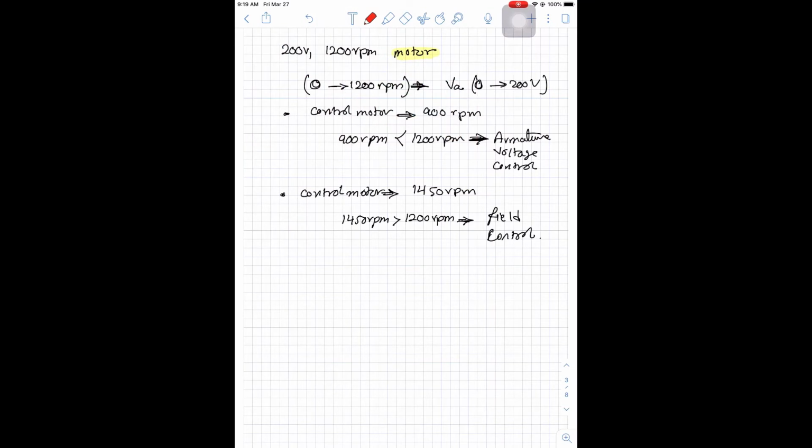When we do armature control, I F is constant and equal to rated field current. And when we do field control, armature voltage is constant and equal to rated armature voltage. So please don't forget these notes.